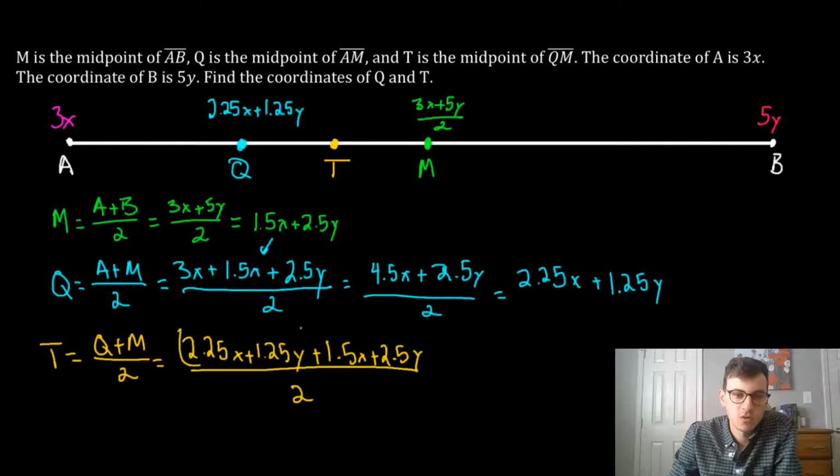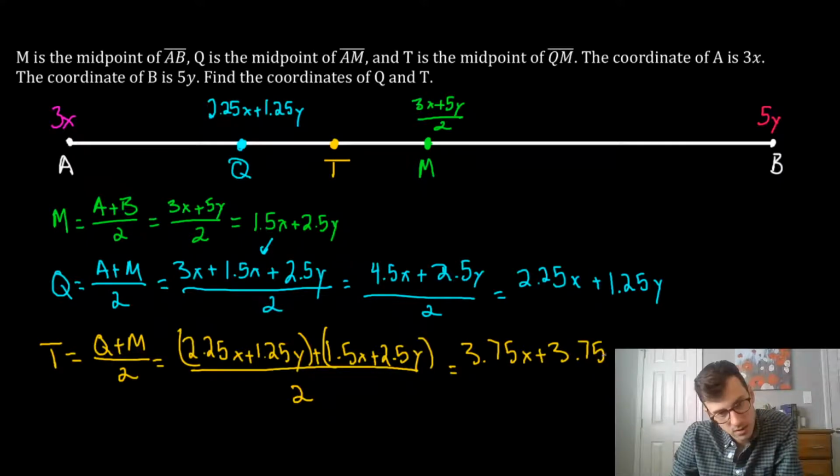Here's Q, here's M. Add them together: 3.75x plus 3.75y. Is that right? Yeah, that's kind of nice. Divided by 2.